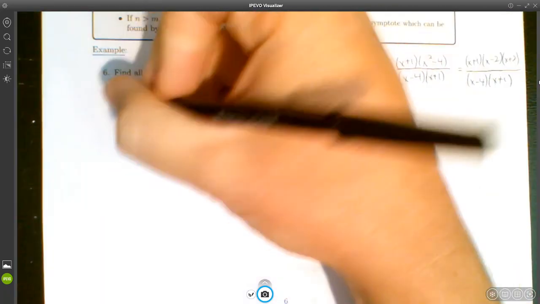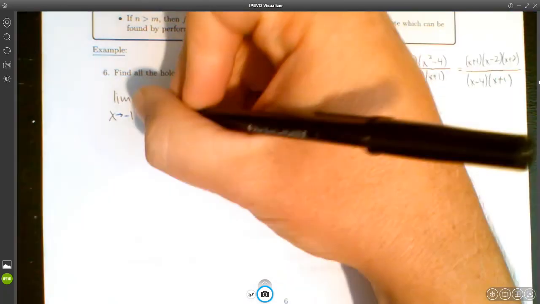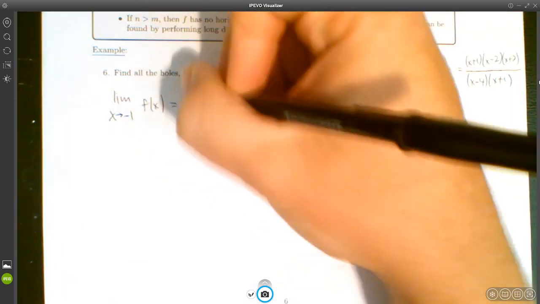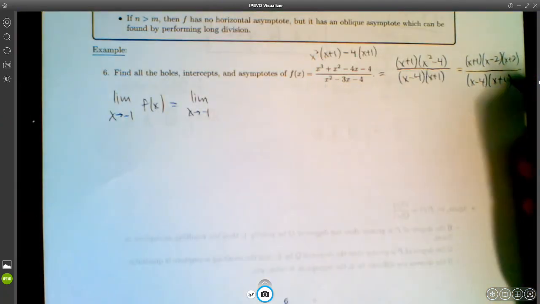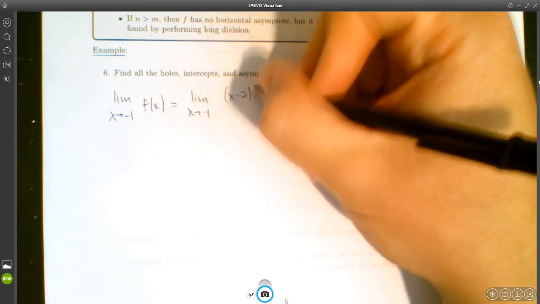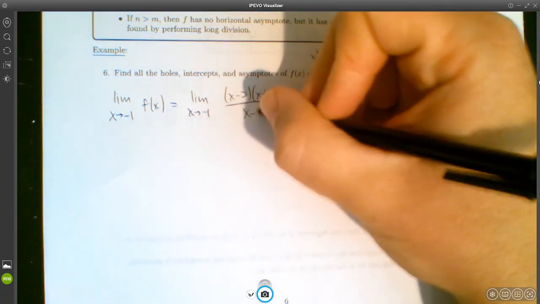Okay, in fact, I'm going to say this. Limit as x approaches negative 1 of f of x is going to be limit as x approaches negative 1 of this function with the x plus 1's canceled, right? So it's going to be x minus 2 times x plus 2 divided by x minus 4.